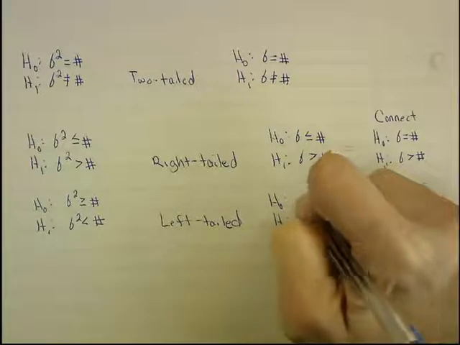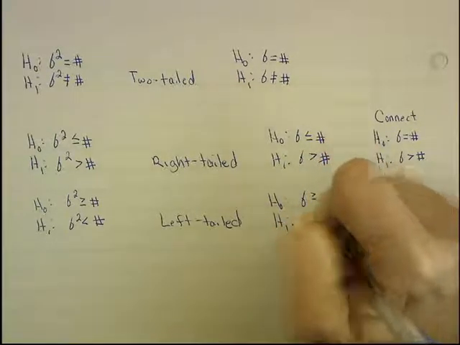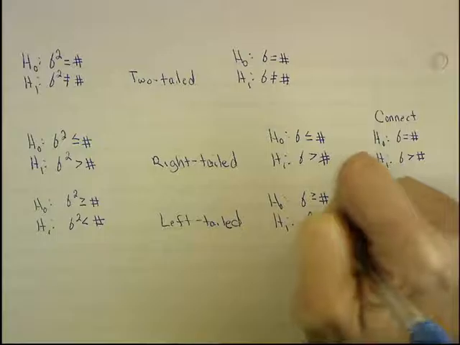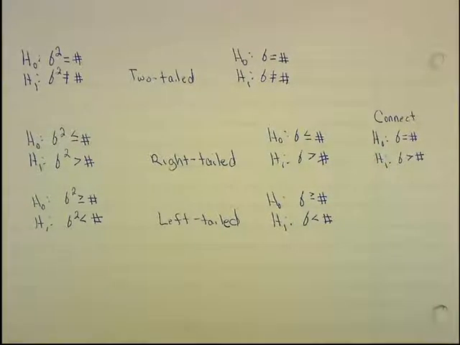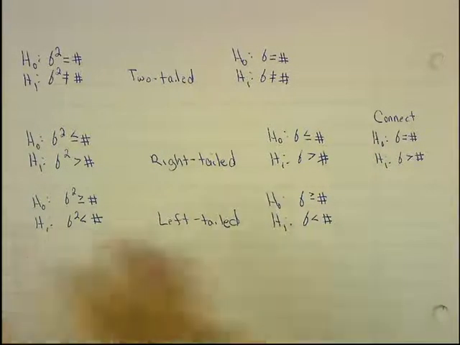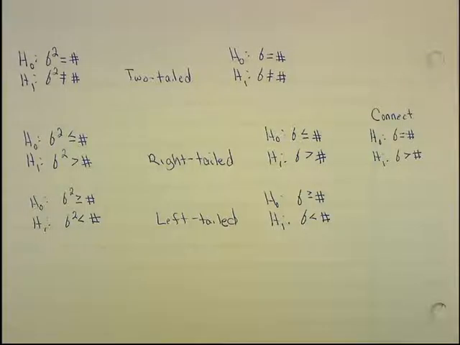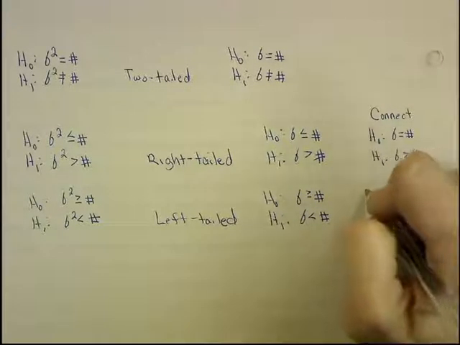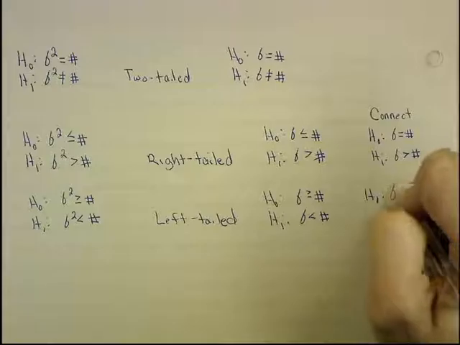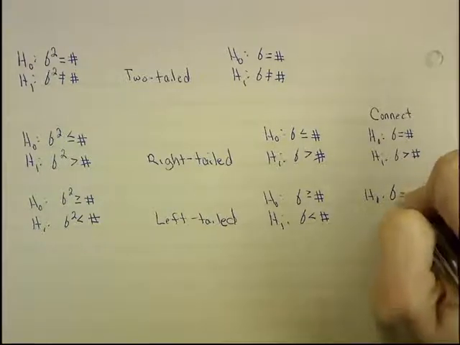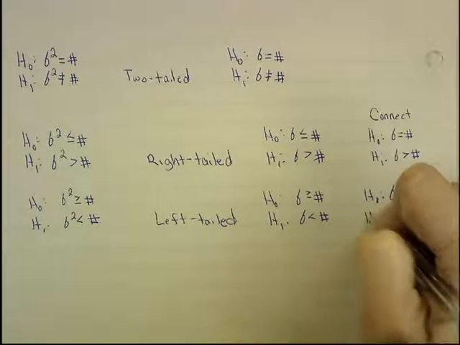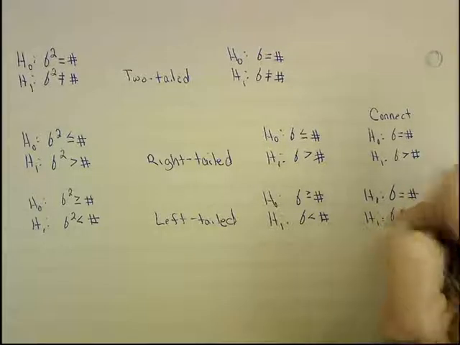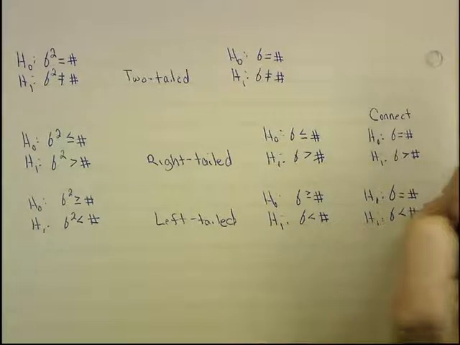You would have sigma greater than or equal to a number versus sigma strictly less than a number. Again, that's a left-tailed chi-square test. This is for true variance, and this is for true standard deviation. Connect will have that the standard deviation is equal to a number, but the alternative will be that the standard deviation is strictly less than a number.